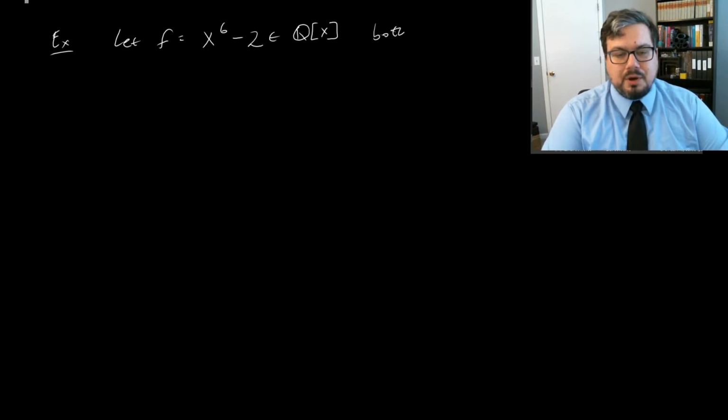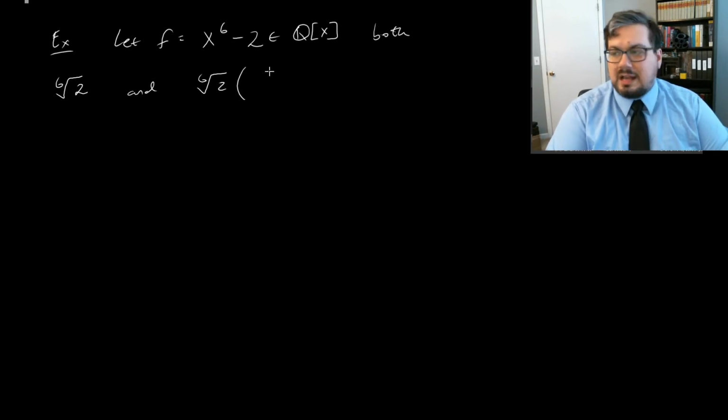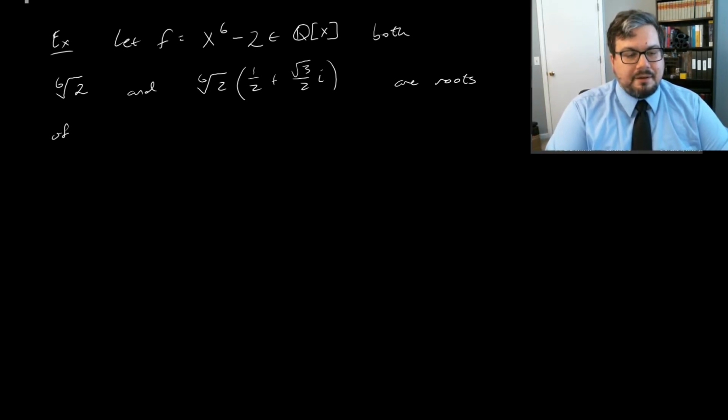Both the real sixth root of 2, and the sixth root of 2 times 1/2 plus the square root of 3 over 2 i, are roots of f in C.